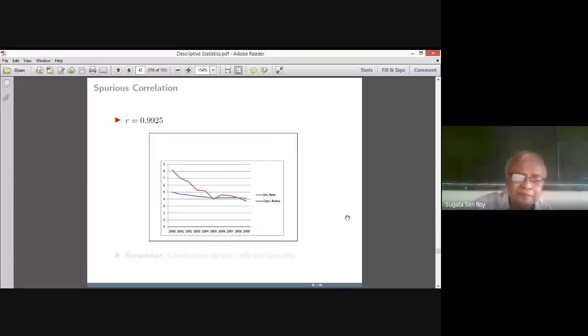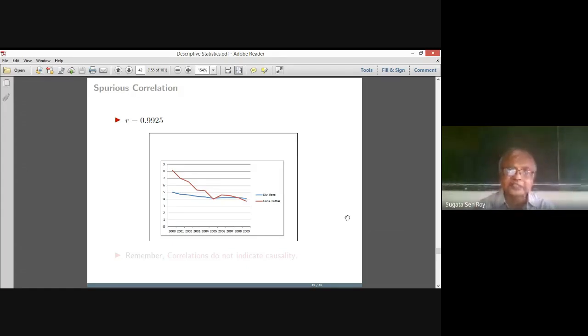Then you see that if you plot this against time, both are decreasing with time. Okay, so both are related with time. So as time increases, both the divorce rate and the consumption of butter decrease. So what time does is actually spuriously correlate the two. Both are related because both are related to time and hence get correlated through time. You get the point?